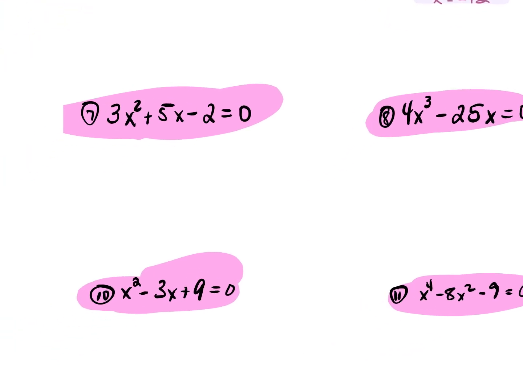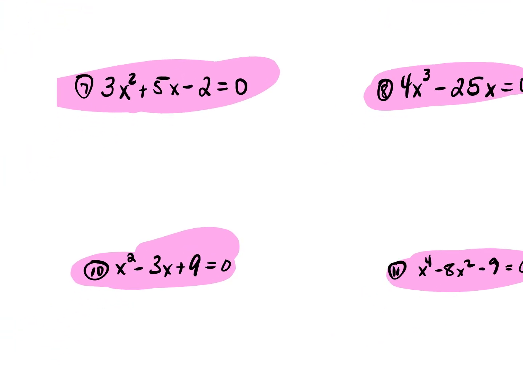For number 7, we have 3x squared plus 5x minus 2 is equal to 0. We don't have a greatest common factor. We have an a that's something other than 1. Multiply your a and your c. 3 times negative 2 gives us negative 6.